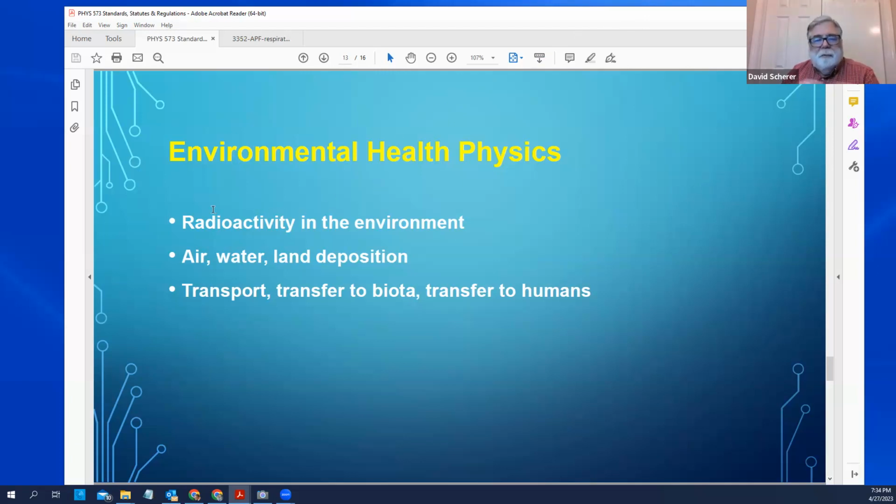The safety of the workers doing the decommissioning work is operational physics, but the guidance for when a facility is clean enough is in a manual called the MARSSIM manual, which provides guidance on how we do this work. That's all, I think, under the rubric of environmental health physics.